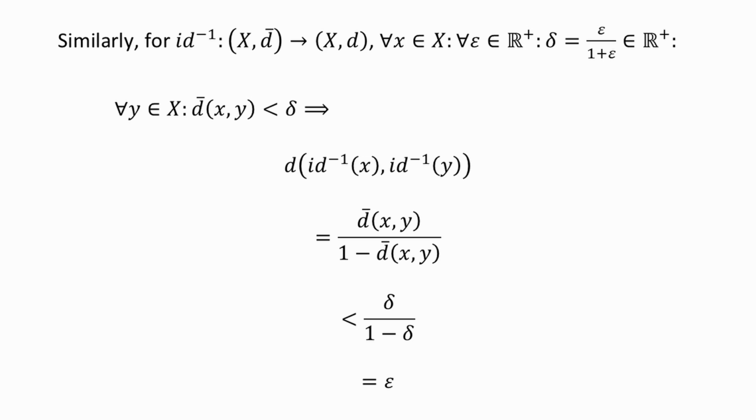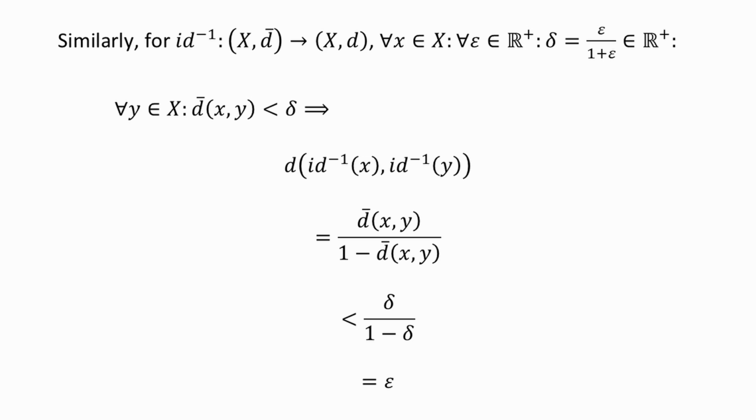Again, it seems counterintuitive, but we need to understand that because delta is restricted by the expression of epsilon over 1 plus epsilon, although all deltas belong to positive real numbers, in fact, delta is restricted to from 0, not including 0, to 1, not including 1. But we only need to find one such delta to prove it. So we don't need to include all of the positive real numbers.